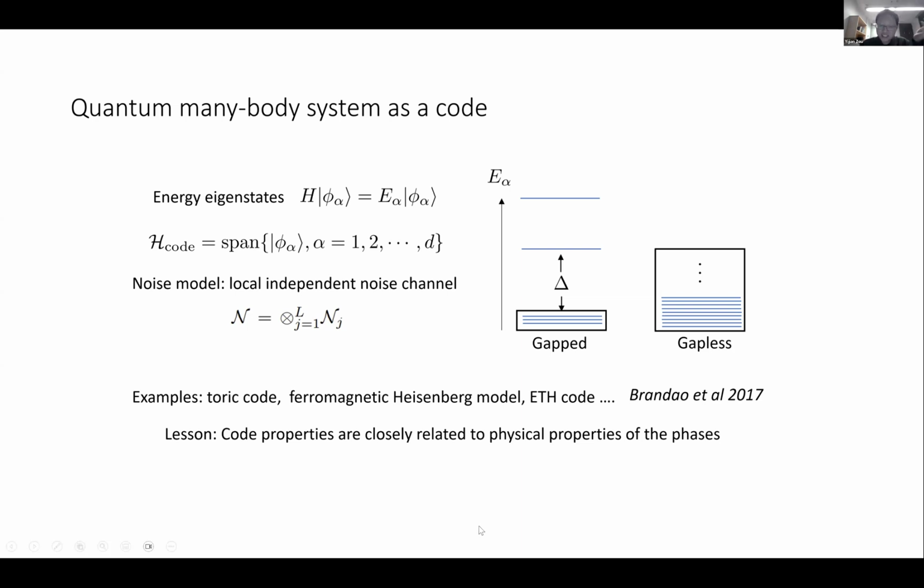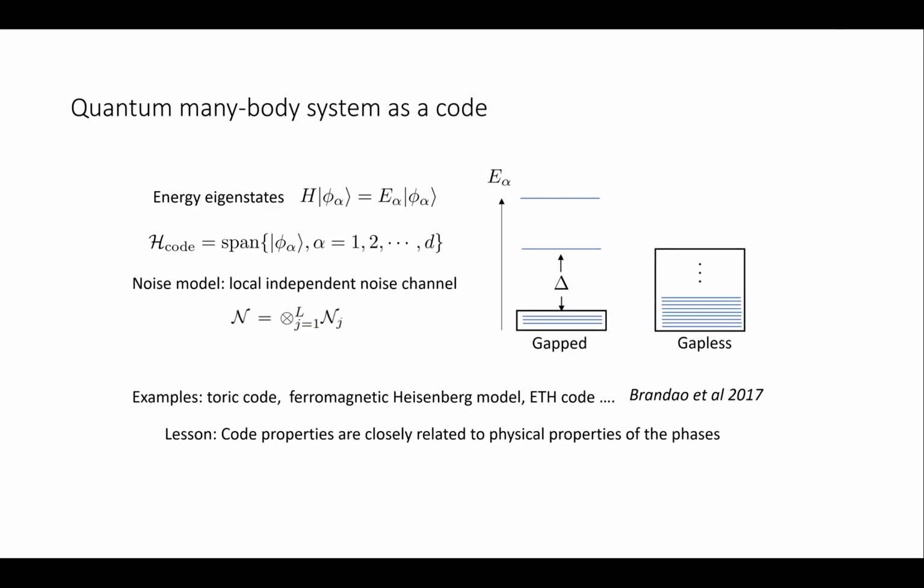The lesson we have learned from previous studies is that code properties are closely related to physical properties of the phase. The toric code is closely related to topological order, and the ETH code, as the name suggests, is closely related to the chaotic properties of the Hamiltonian. So in this work, we will see how the interplay between physics and quantum error correction is fulfilled in the CFT case.